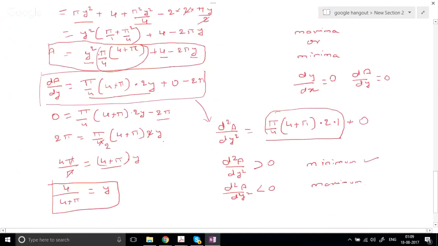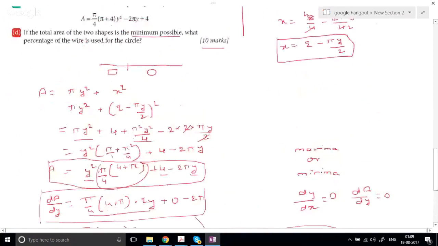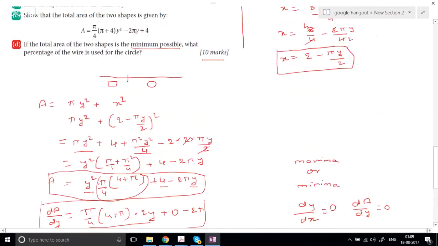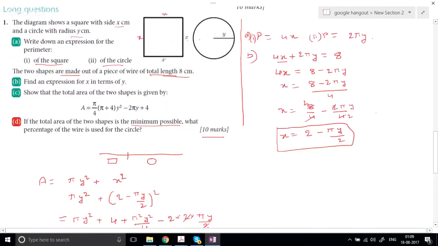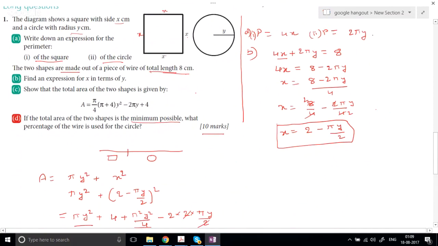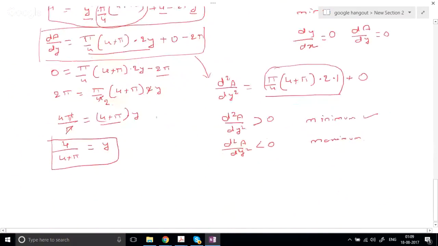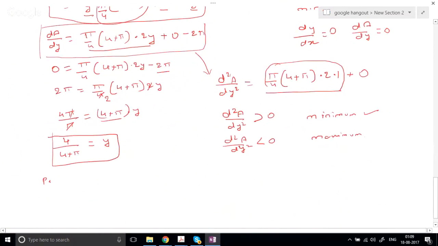Now use that in the perimeter equation. See the question. The total area of the two shapes is minimum. What is the percentage of wire used for the circle? Now the circle perimeter is 2 pi y, right? So let's use that here. The perimeter of the circle was 2 into pi into y.